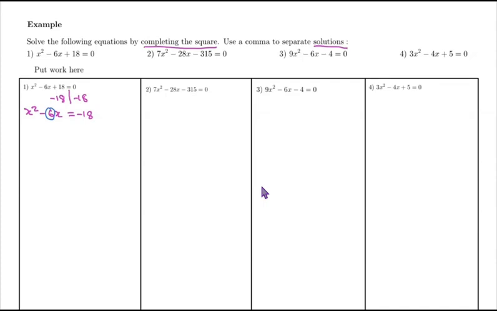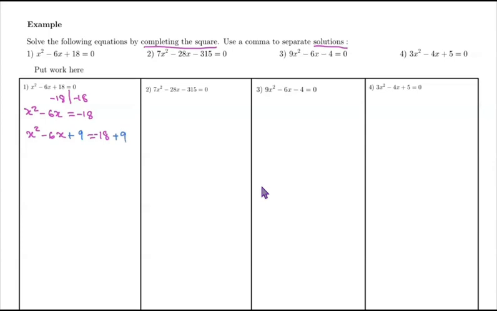So the new equation is x squared minus 6x plus 9 equals negative 18 plus 9.